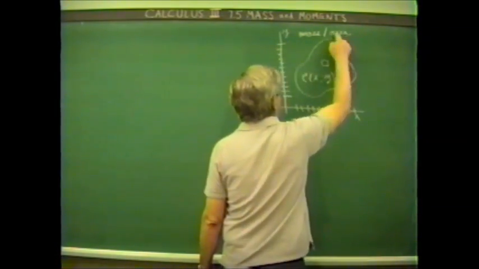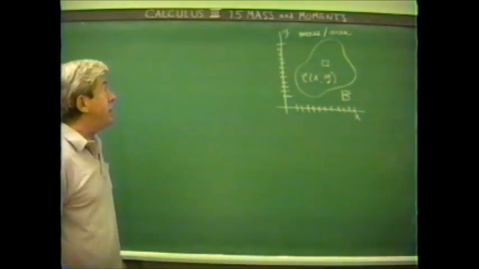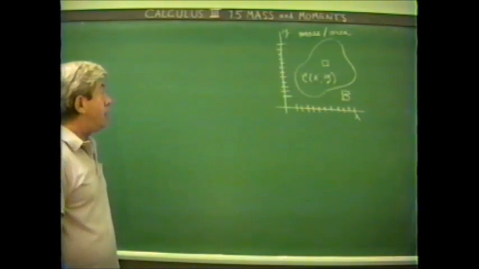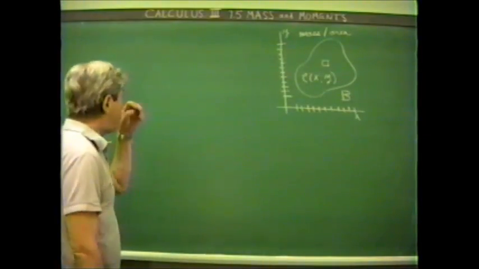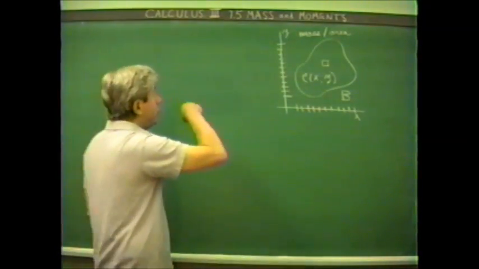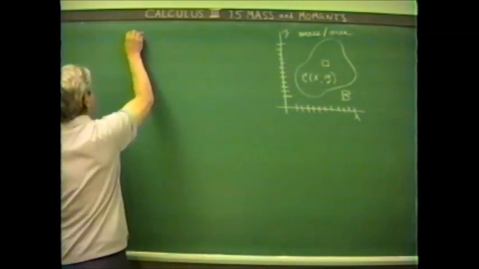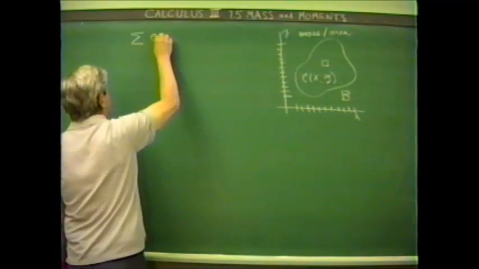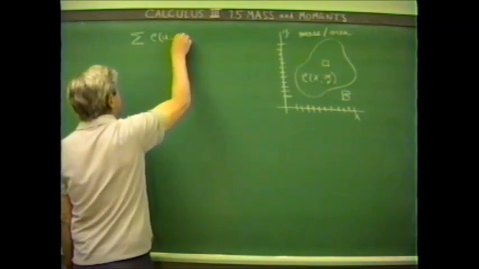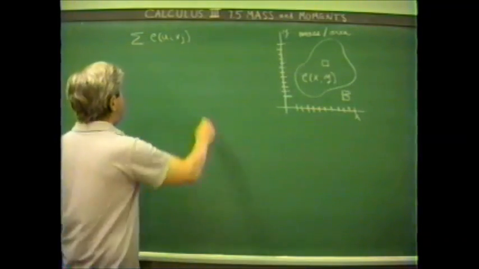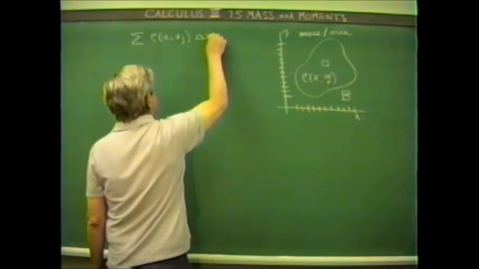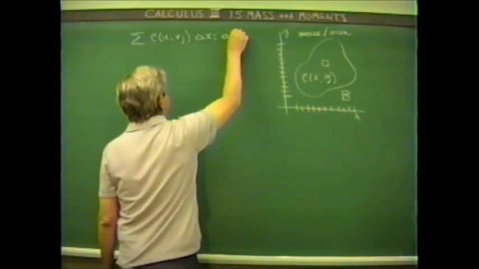Right? It could also be weight per unit area, or even a charge density, in units of charge per unit area. Then what we want to do is add up rho of ui, vj, the amount of mass per unit area, times delta xi, delta yj.